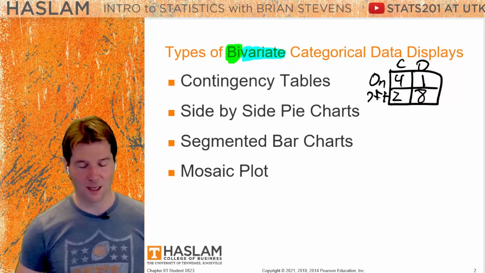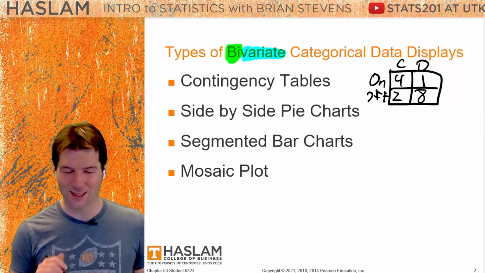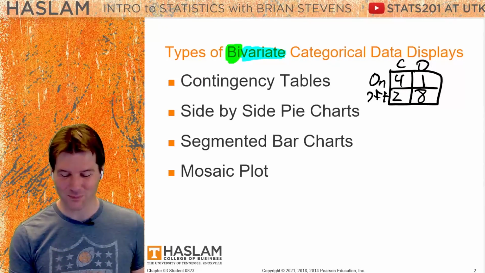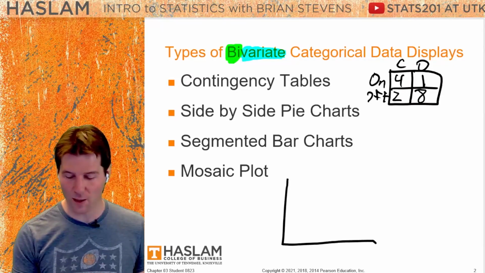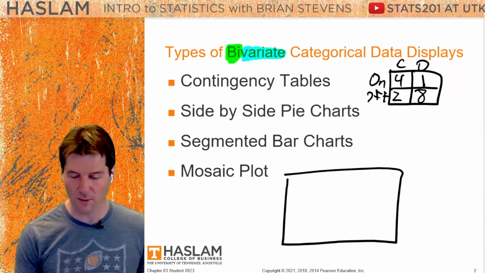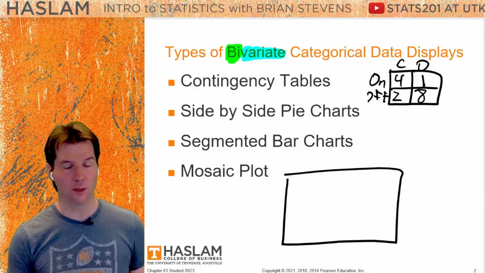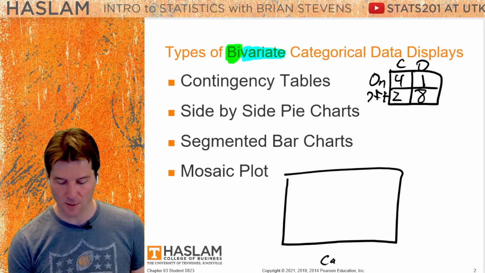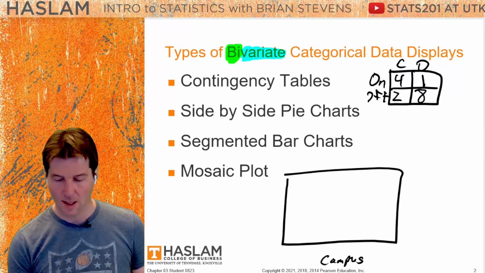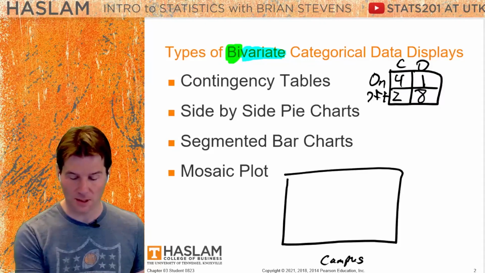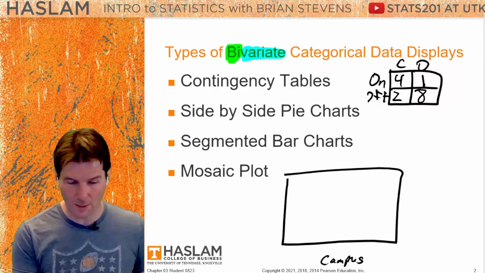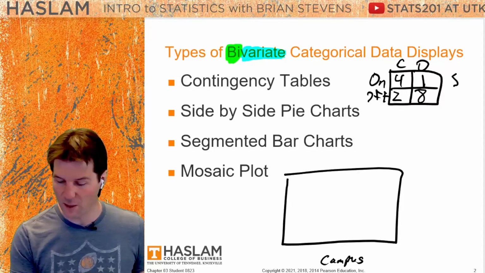My favorite thing to talk about next is a mosaic plot, which I need to draw here, because a mosaic plot is a great way to visualize two categorical variables. Down here on the bottom axis, we would have the percent of people who live on or off campus. So we'll put campus down here on the bottom. And with campus, you can see up here at the top, we have on campus was 5 people, and off campus was 10 people.